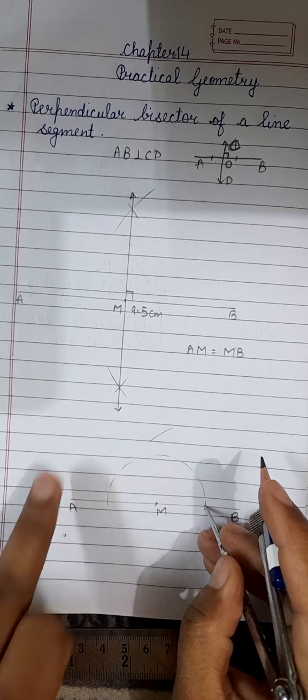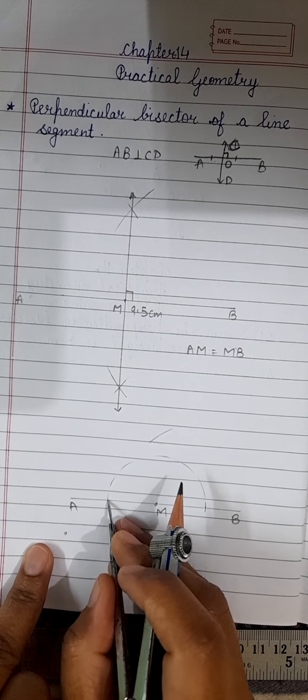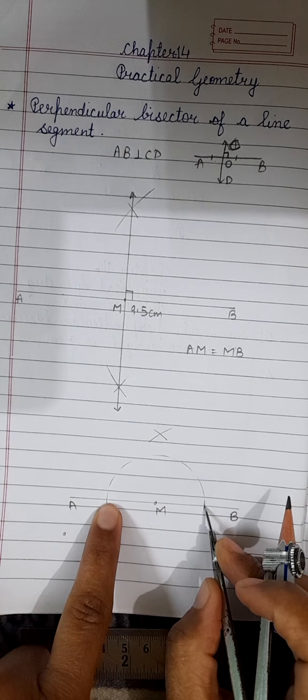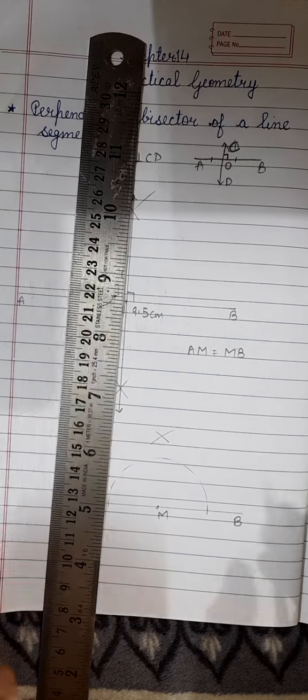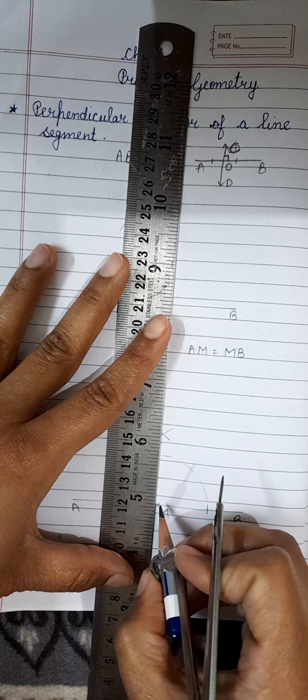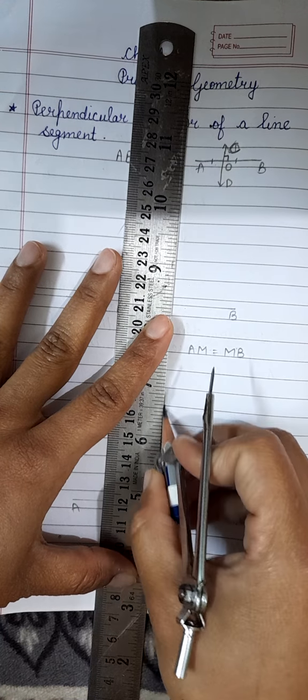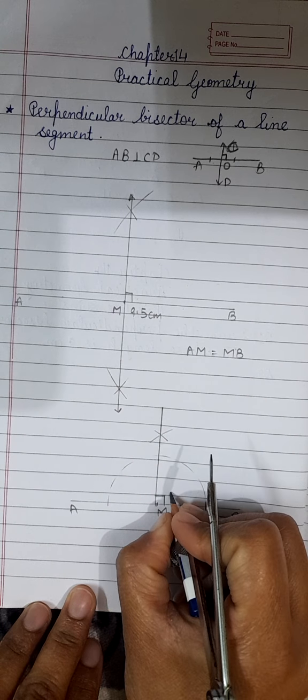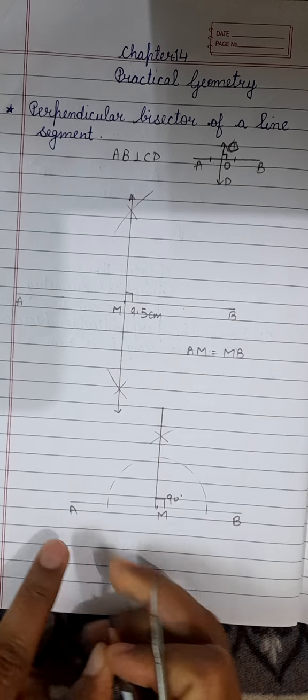Only one intersecting point we need now, and another you will put here. So by putting the compass on these two points, we will make two arcs, and we will join that point with M. Now this is also your perpendicular bisector of AB.